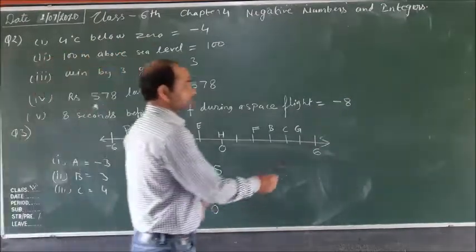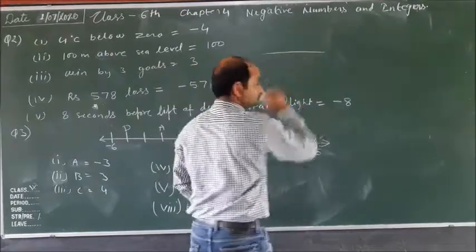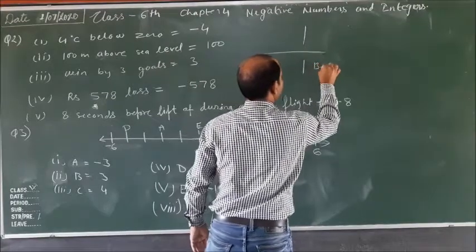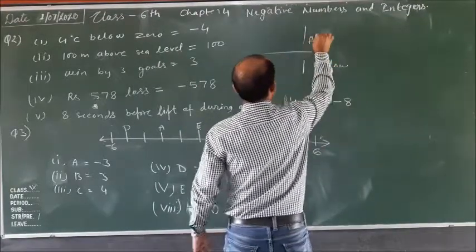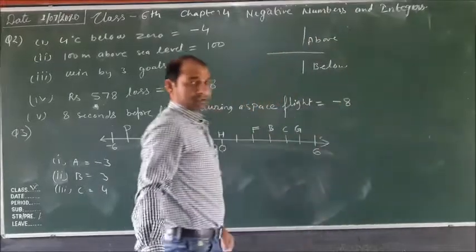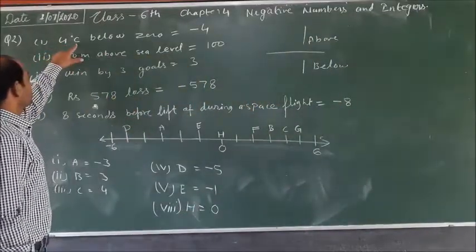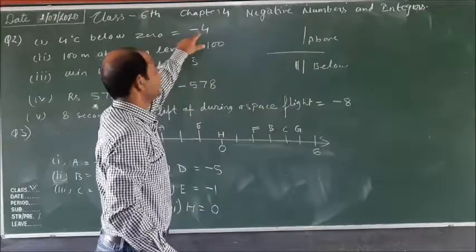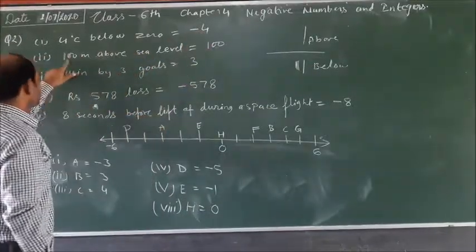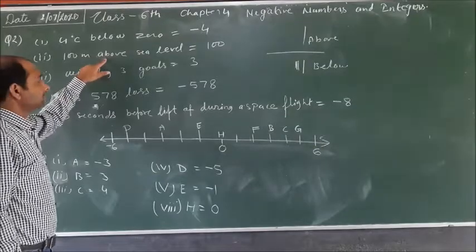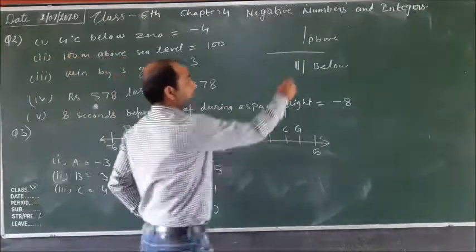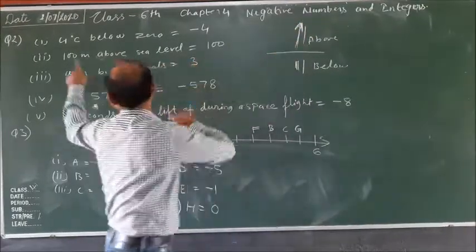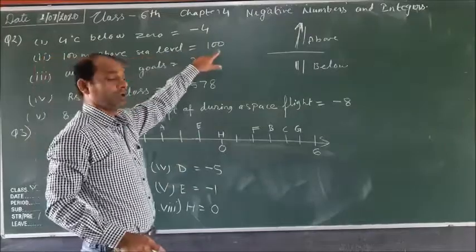Suppose this is sea level, this is the above part and this is the below part. 4 degrees below means downward, so we write -4. Next, 100 meters above sea level. Above means upward, so 100 meters above sea level equals 100.